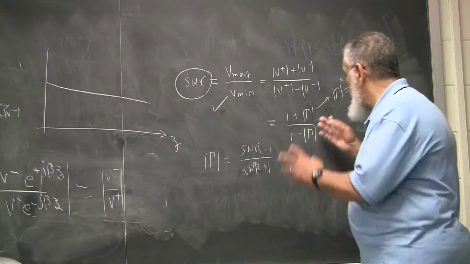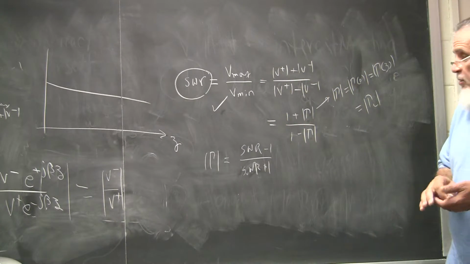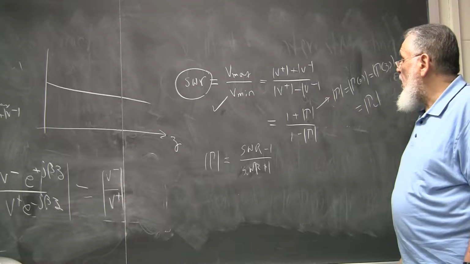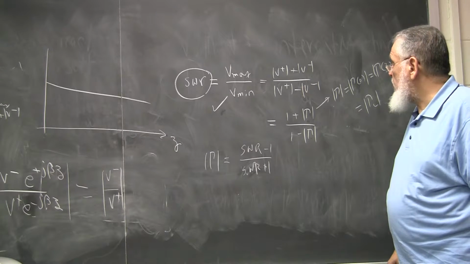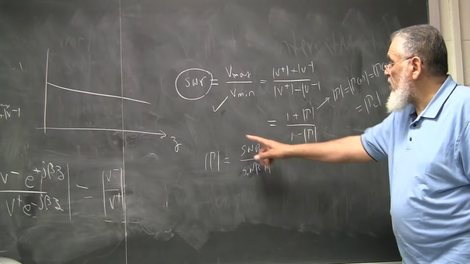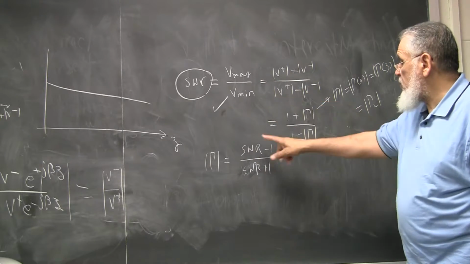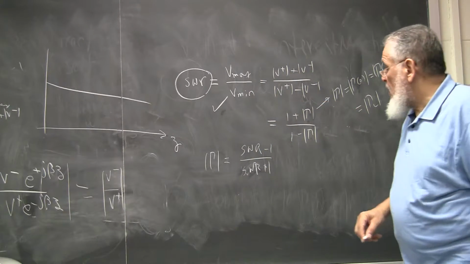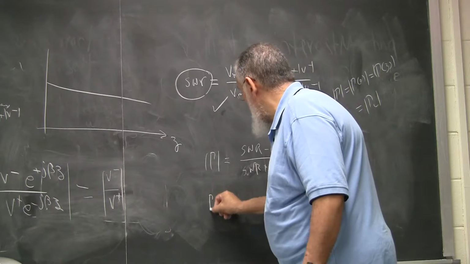Right? This pair of relationships is an alternate way of presenting the same thing. This is equal to that, then this is equal to that. If you work out the equations, you can derive this one here. Remember what gamma was?